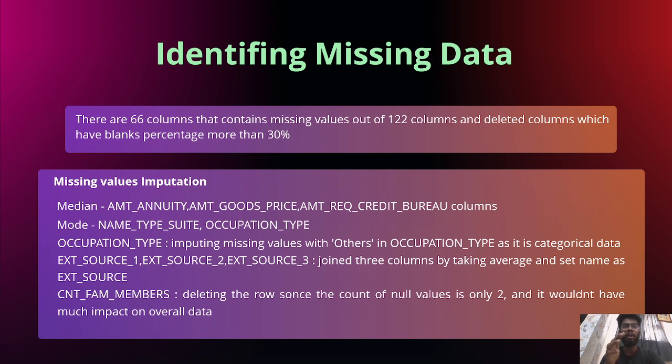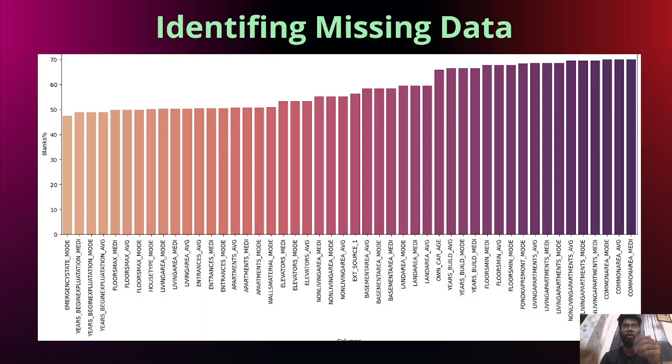We imputed the mode for name type suite and occupation type. For count family members, we deleted the rows since the count of null values is only 2, and it wouldn't have much impact on the overall data. This is the graphical chart.